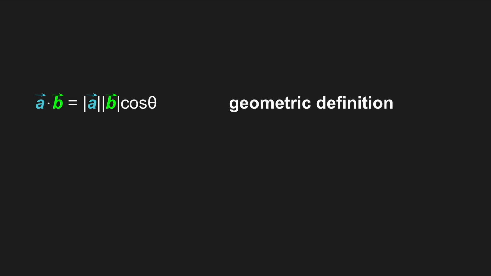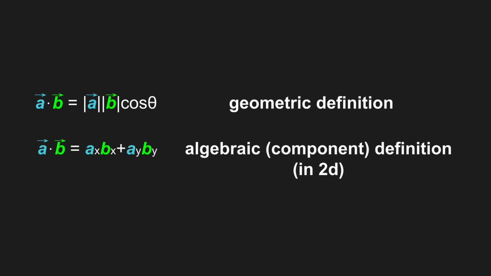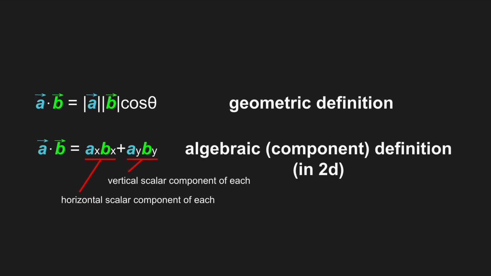So far, the formula we use to define the dot product is called the geometric definition. The other definition is called algebraic or component definition. This second formula is very important as it allows us to calculate the dot product by using the unit vector components of the vectors without having to know or calculate the angle between them.